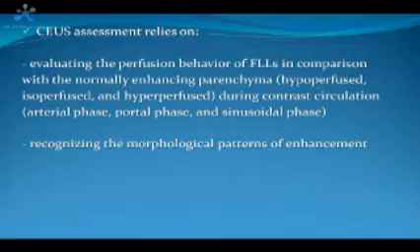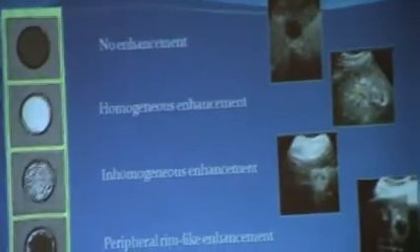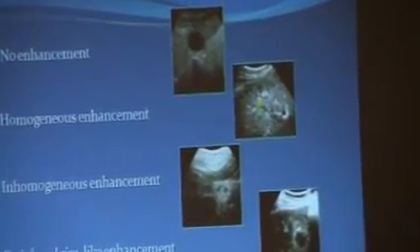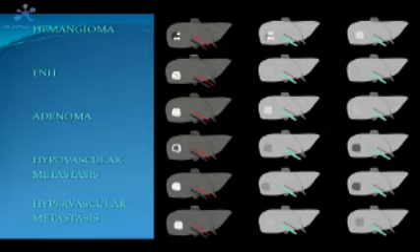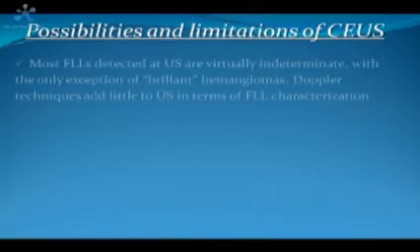And then we will also try to recognize the morphological patterns of enhancement: homogeneous, inhomogeneous, rim-like, globular or spoke-wheel. And so we will match these changes, morphological and perfusional, over time, and we will try to characterize the different focal liver lesions.